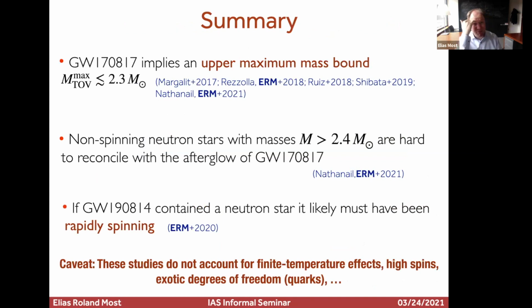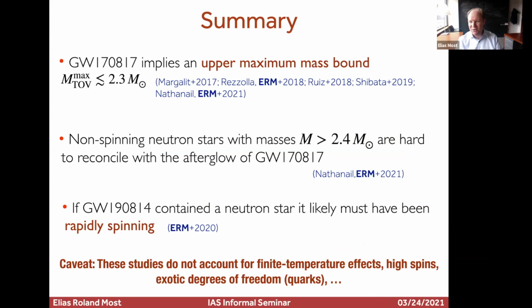The summary, if you want some takeaway message for this first part, is if you look at 1708-17 and you look at the stellar structure and general relativity and some universal properties of the equation of state, then you see that neutron stars can at most have 2.3 solar masses. In doing this, you make certain assumptions.